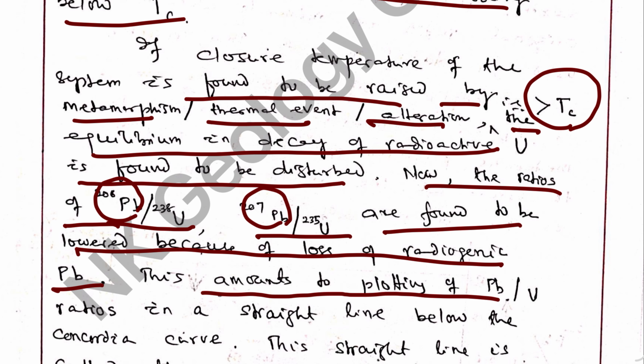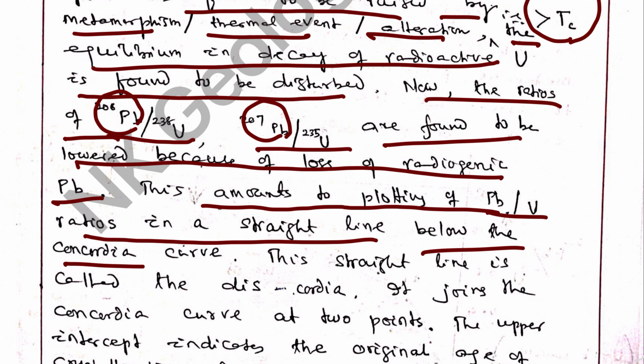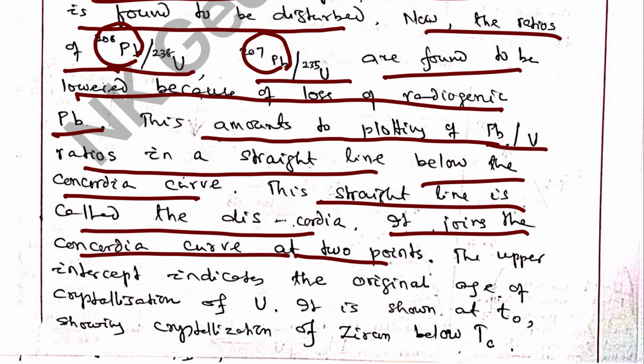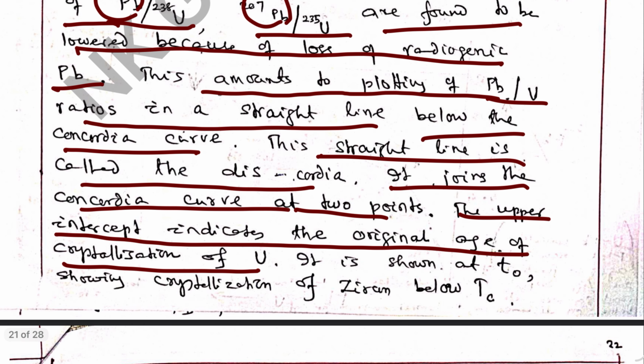Pb amount is lowered because of loss, so their ratios become lowered. This amounts to plotting of Pb and uranium ratios in a straight line below the Concordia curve. This straight line is called the Discordia line. It joins the Concordia curve at 2 points. The upper intercept indicates the original age of crystallization of the zircon, because this is the actual age.